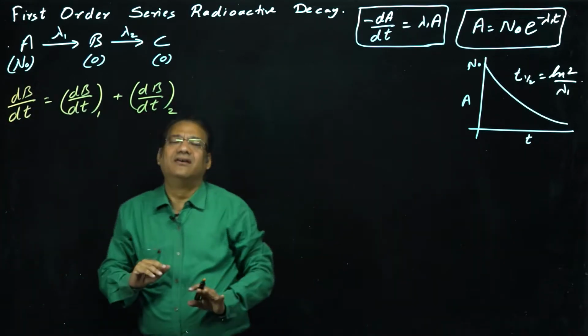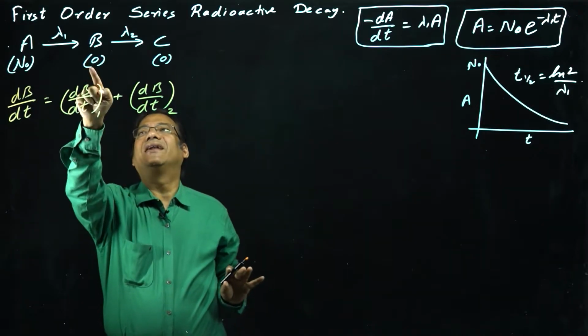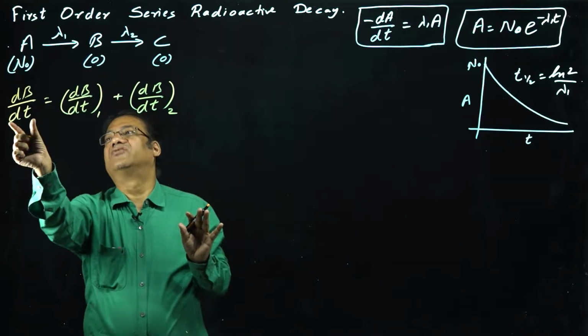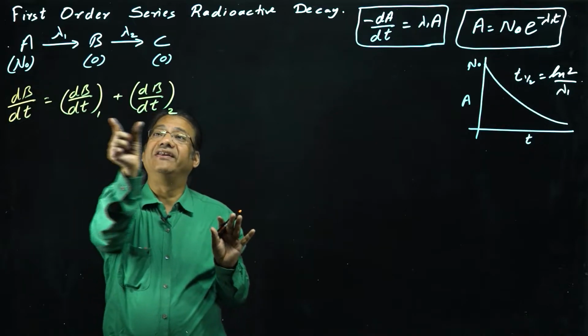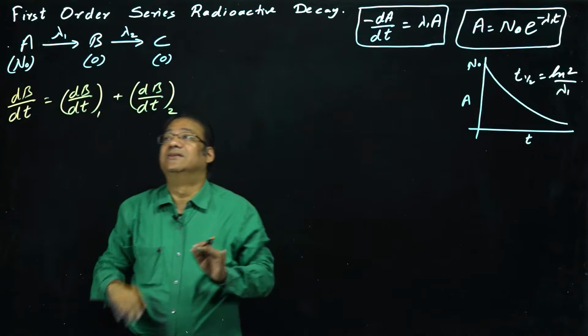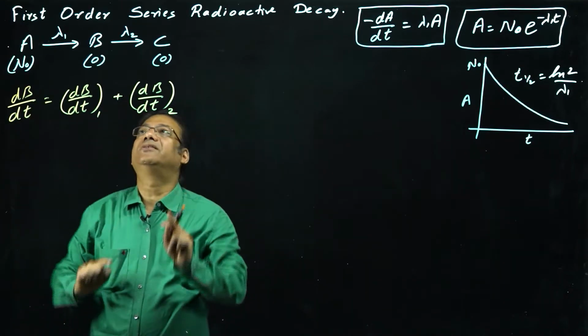This is a very basic differential equation. If any quantity varies according to multiple paths, the variation of that quantity with time would be equal to the sum of variation of that quantity according to all those paths. So dB by dt is equal to dB by dt through path 1 plus dB by dt through path 2.